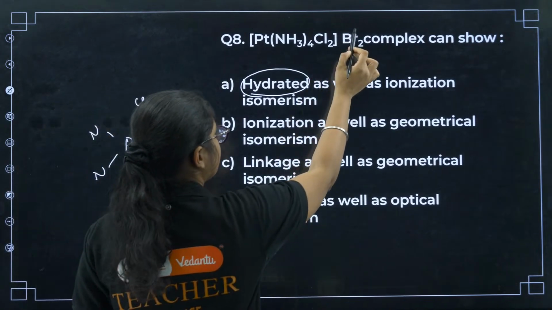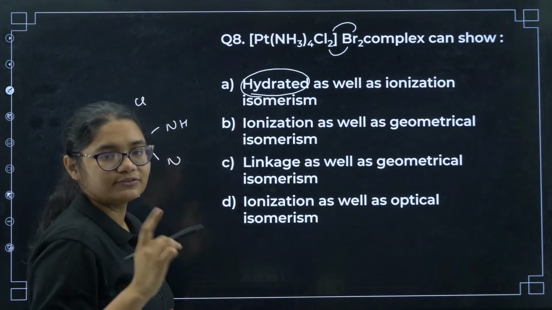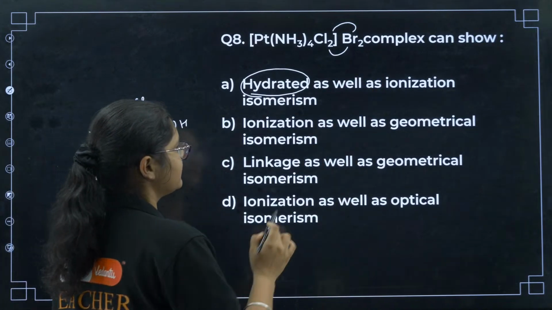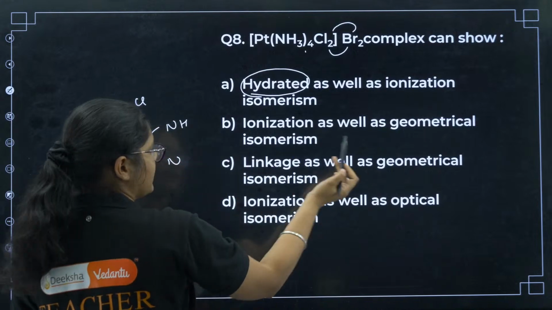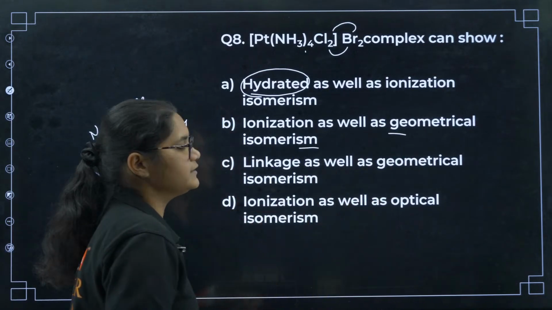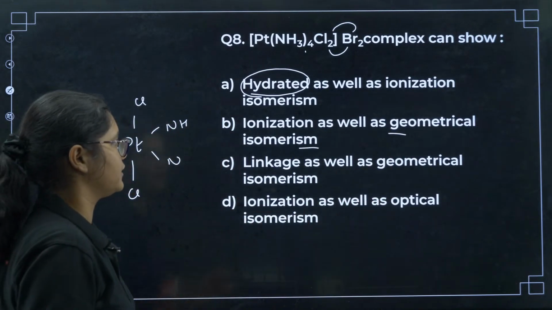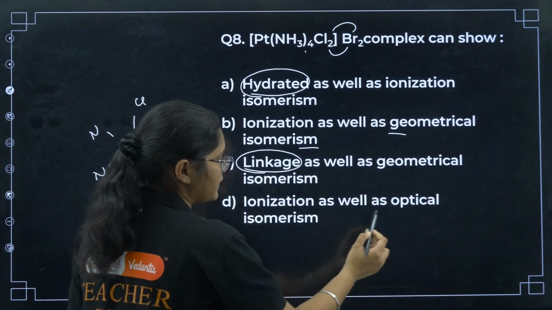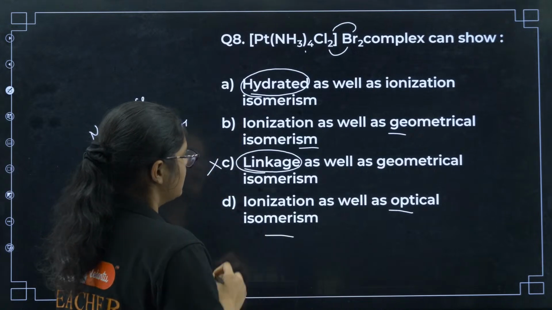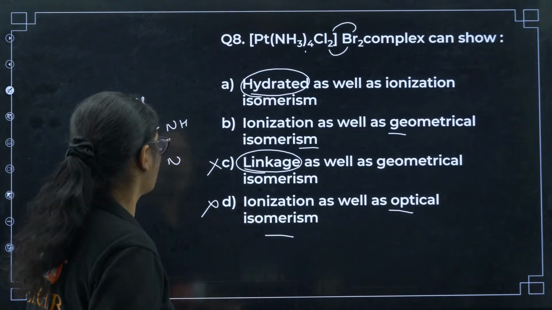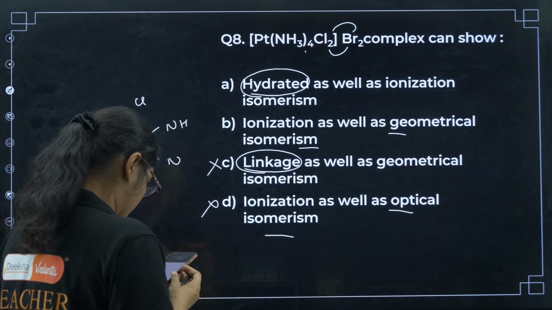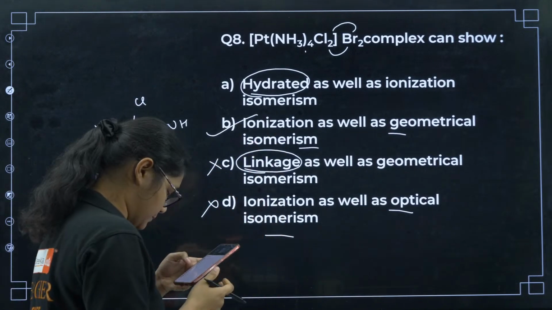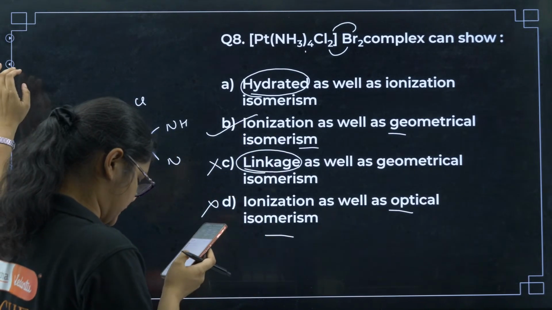Yes, there can be exchange of bromine and chlorine, right? So there can be ionization isomerism, and you can see here we can have cis and trans, so it is ionization as well as geometrical. For linkage we need an ambidentate ligand, it is not there, and there is no optical isomerism here either. So the correct answer here is option number B.